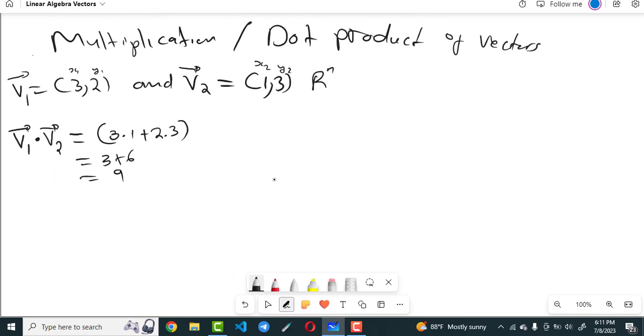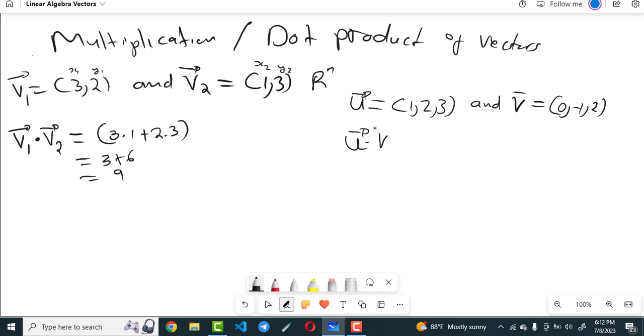And also, if we are to do it for three-dimensional vectors, assuming we have a vector u with the coordinates 1, 2, and 3, and the vector v with the position vector 0, -1, and 2. If we are multiplying the two, u position vector dot position vector v is equal to, same applies, we multiply x1, y1, z1 with x2, y2, and z2.